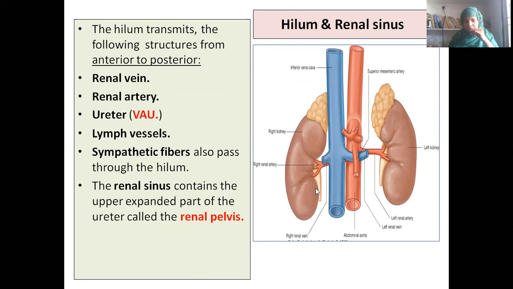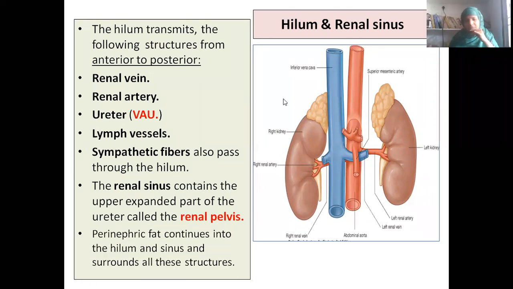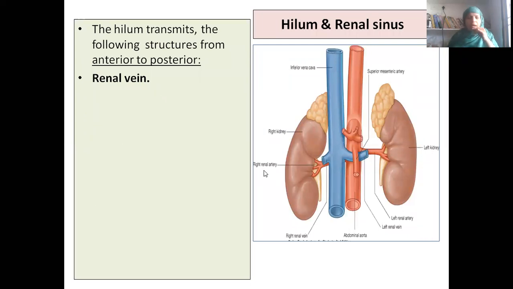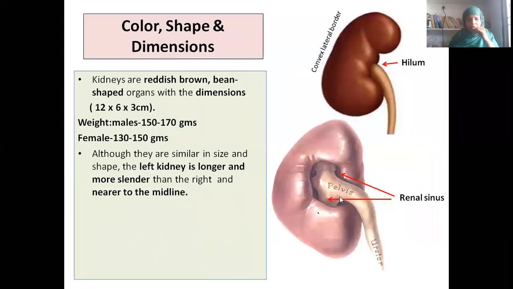I told you the starting point of the ureter is called the renal pelvis. It is a little expanded, and it sits in the renal sinus. We will see with the help of a diagram. Can you see the ureter? This is the ureter, but the starting point of the ureter is highly expanded, and this area is called the renal pelvis.